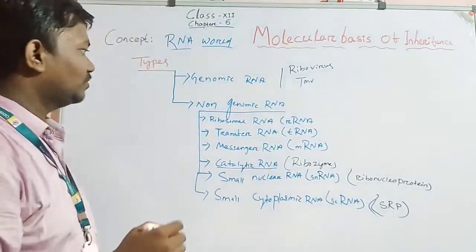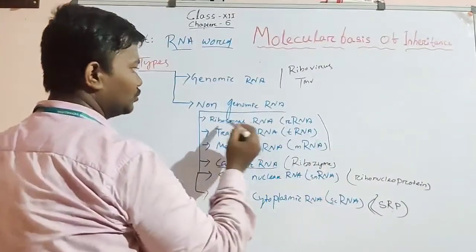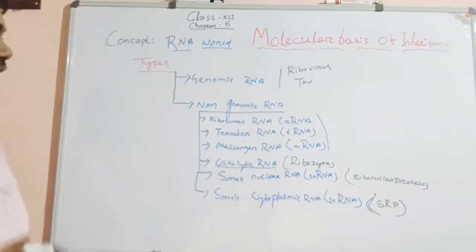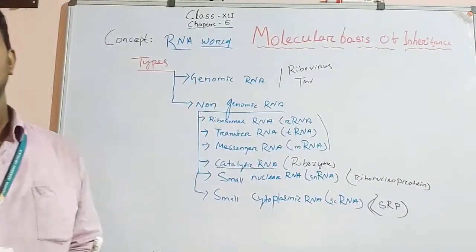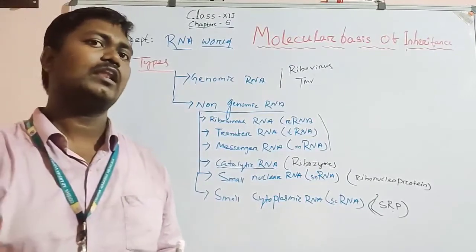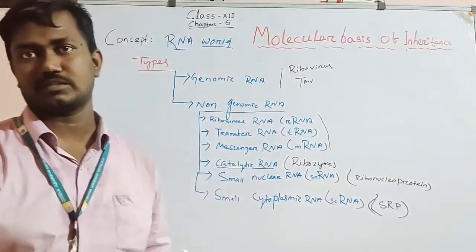These three types of RNA, that is ribosomal RNA, transfer RNA and messenger RNA, play a major role in gene expression.